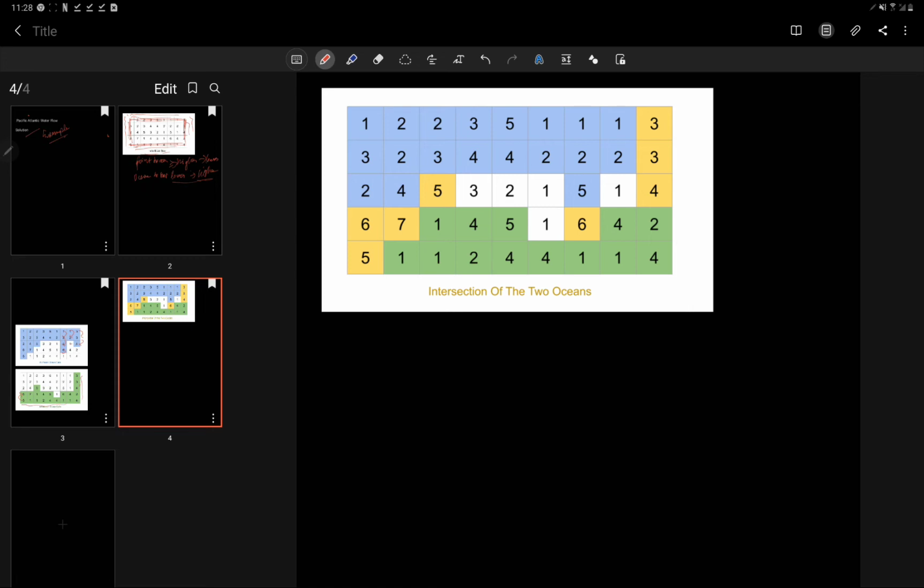If we start from any other point, we cannot get to both oceans. We either get to the Pacific one or the Atlantic one, so we only take the common points. This is the approach we are going to use for every traversal.